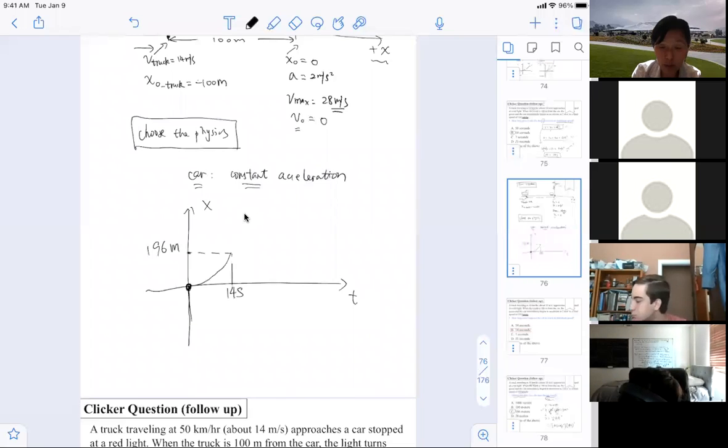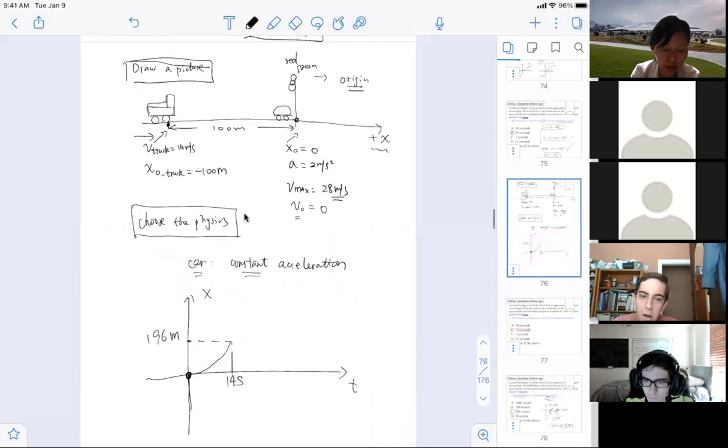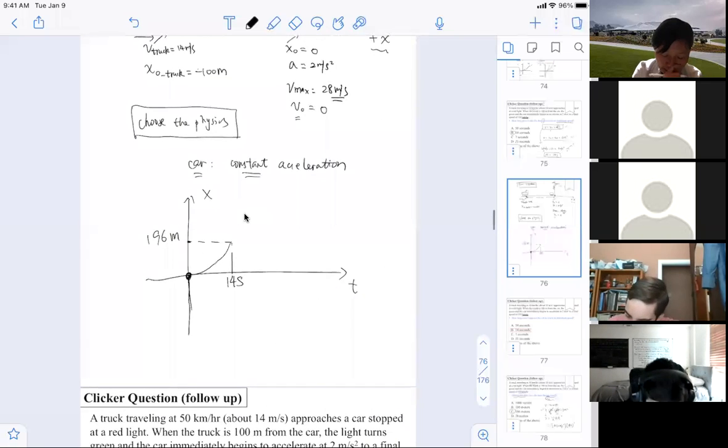Then we want to be able to finish the graph, so we also need to draw another curve for the truck. So where was the truck? The truck was 100 meters behind the car to begin with, so it will be somewhere here, negative 100. That's where the truck was at t equals 0.